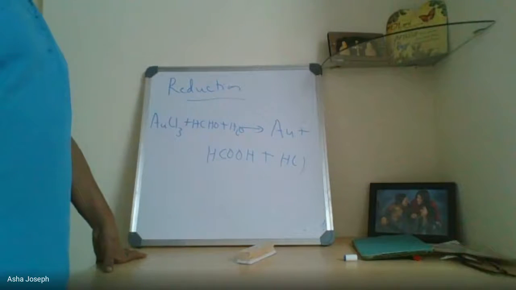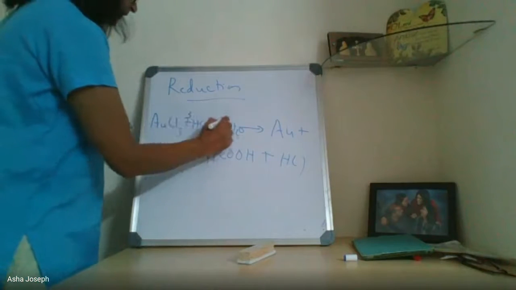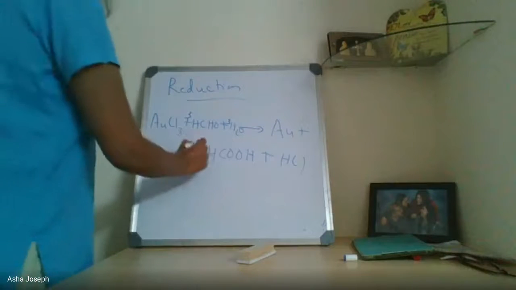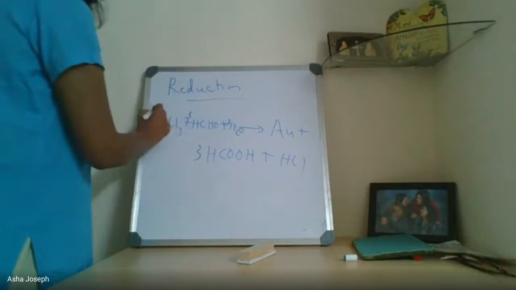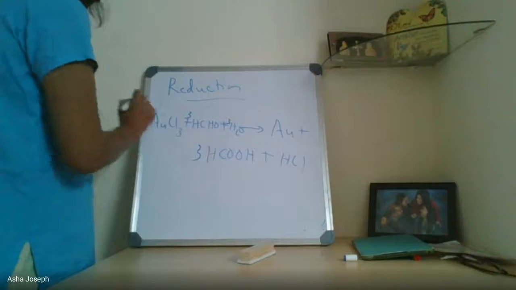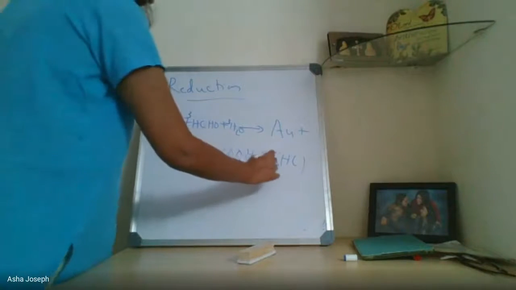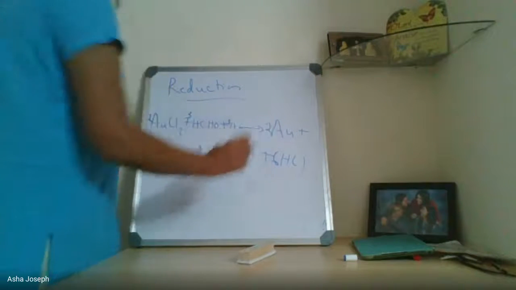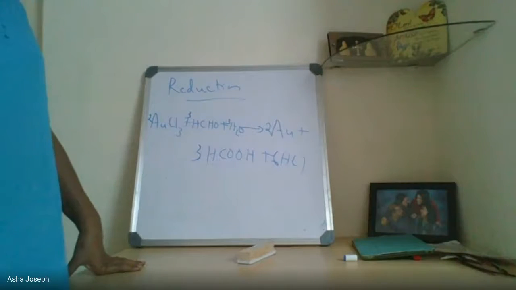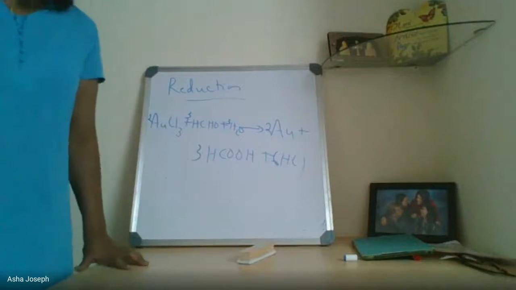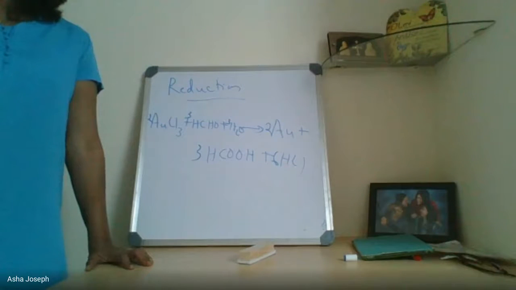Now balancing is left. Here 3 and 3 water. So you will get 3 here and 2 gold and 6 HCl and 2. Got it? So write 2-3 times and learn this.